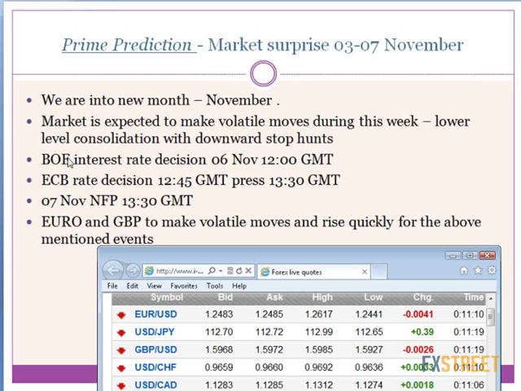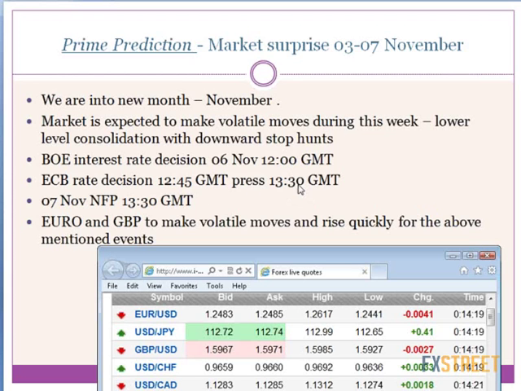And the triggers in this week are going to be the BOE interest rate decision and asset purchase facilities on 6th, Thursday, around 12 GMT. Then the ECB interest rate decision by 12:45 GMT, and at 13:30 GMT, the ECB press conference. So the press conference is by 13:30 GMT.